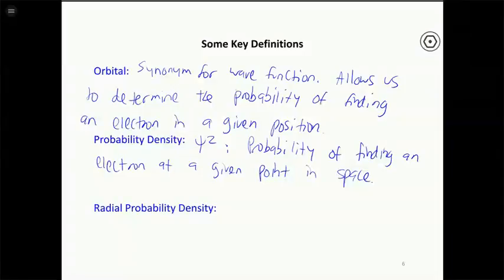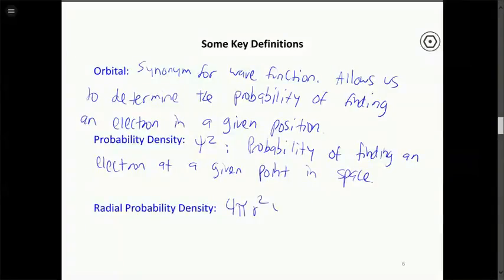And so that's what the radial probability density gives us. If we take that probability density psi squared and multiply it by 4 pi r squared, that gives us what's called the radial probability density, which is the probability of finding an electron at that radius.